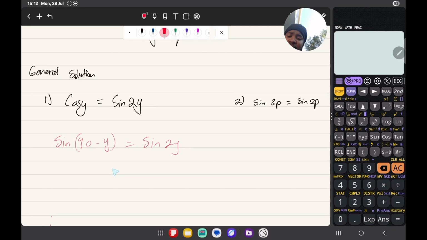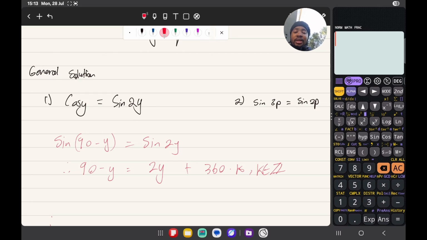After this they're going to say therefore 90 minus y is equal to 2y plus 360k, k is an element of the integers. They can have this, and then from there they just transpose to get y.